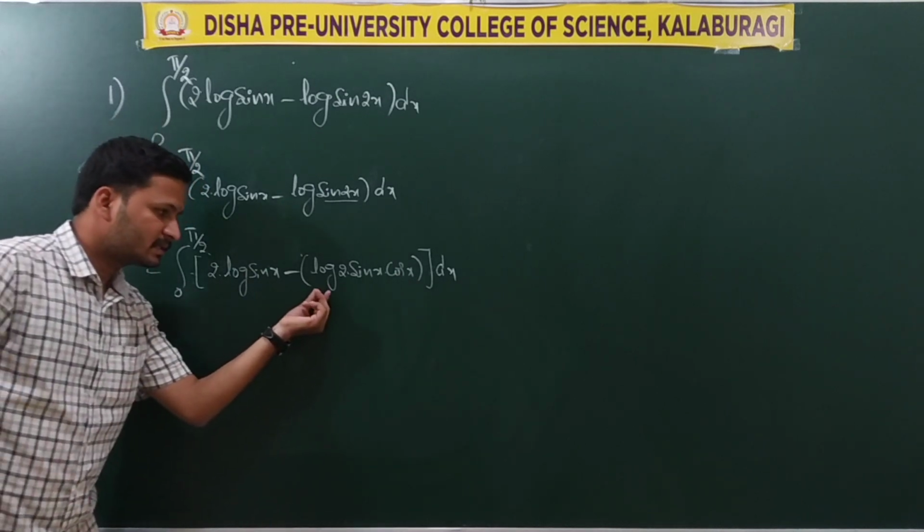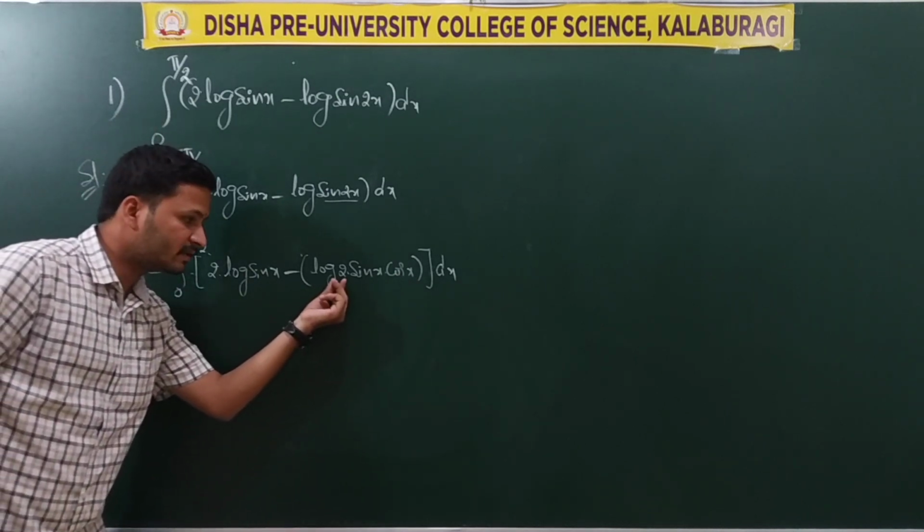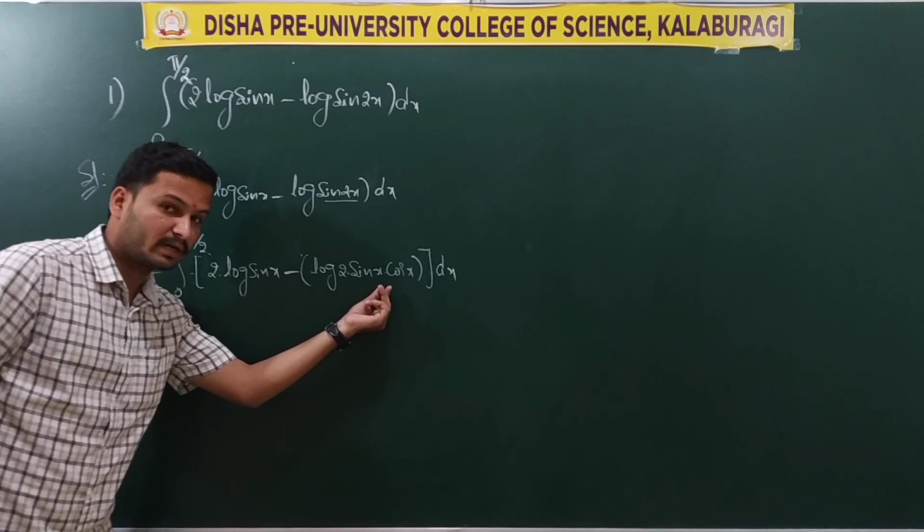Next, see here, this is of the form log of m into n into p, a logarithmic property.